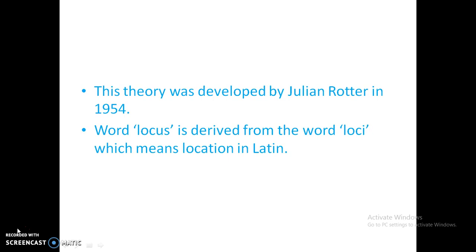The word locus is derived from the word loci, which means location in Latin. And according to this theory, some people have internal locus of control while some have external locus of control.